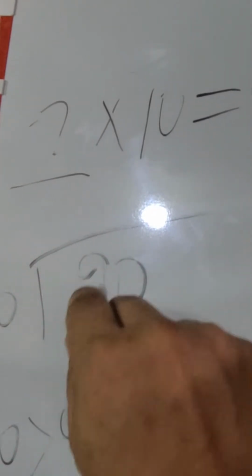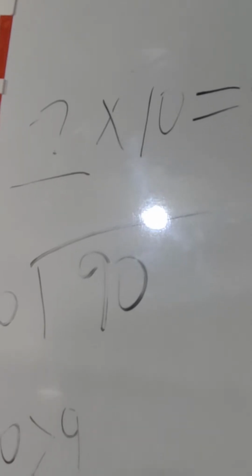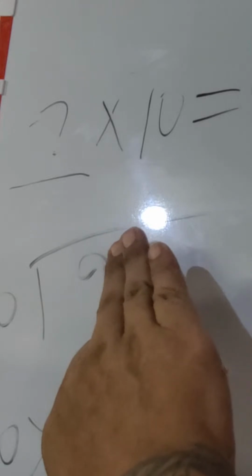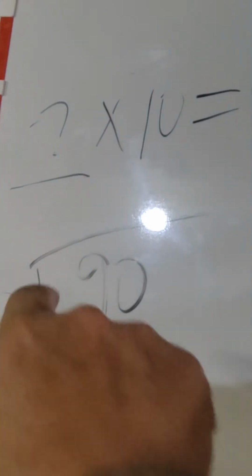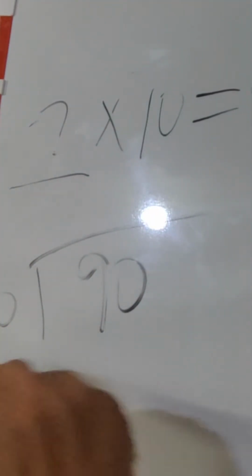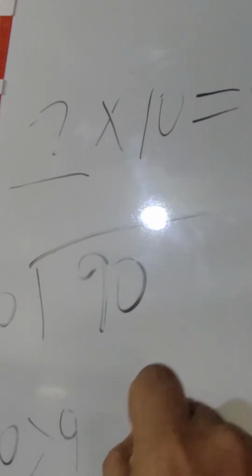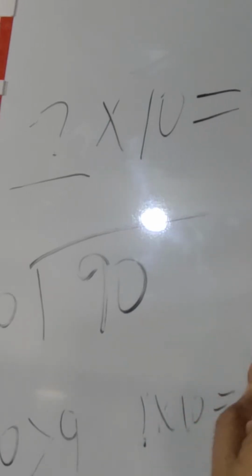So that means you have to do the 90, right? So now, what times 10 makes 90? Every number times 10, you add a 0. So 1 times 10, 10.